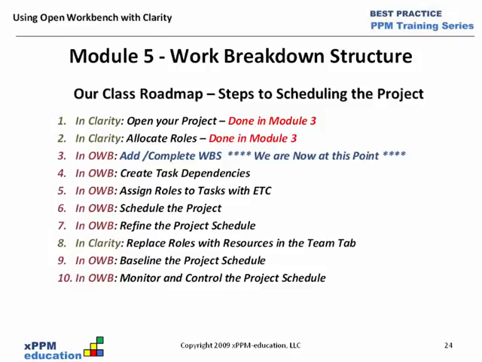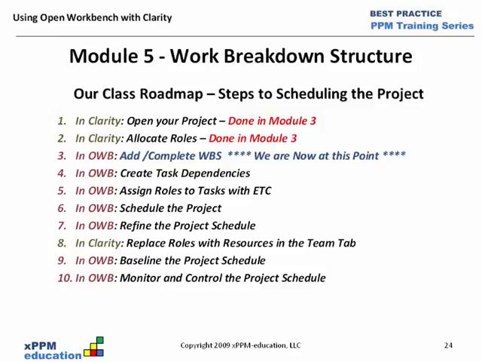Item 1, we begin by opening the project in Clarity, and that was done in Module 3. Then item 2, in Clarity, we allocate roles as part of the project team, and we also did that in Module 3. And then next, in Open Workbench, we're ready to build, add, and complete the work breakdown structure, and that's the module that we're at now.